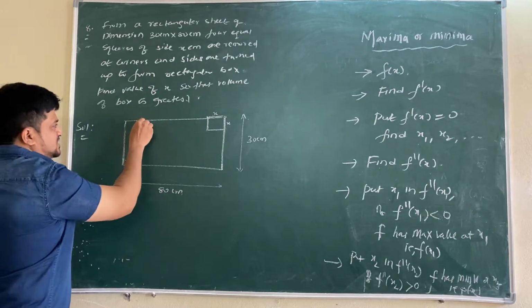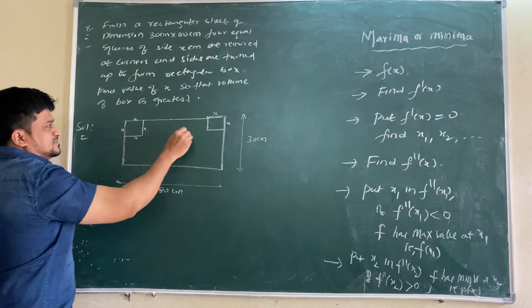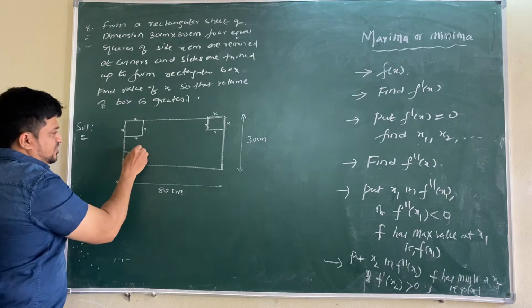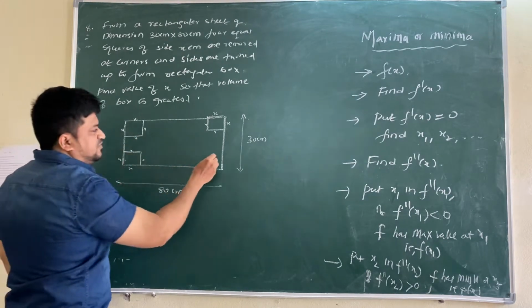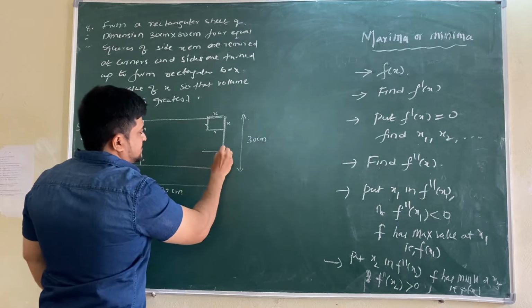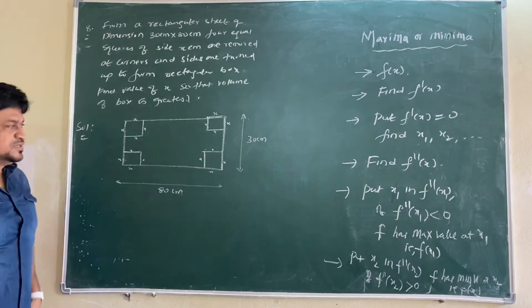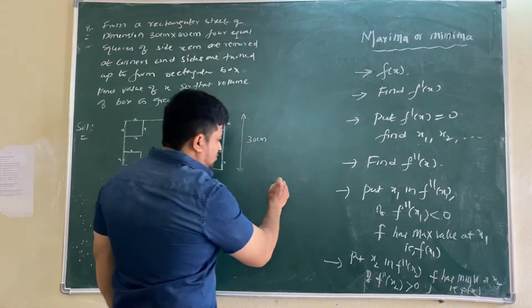The same size box is also removed from here, this is also x. From here also we have removed one box, same length, suppose it is 5 or suppose it is x. After removing the corners, it will look like this.